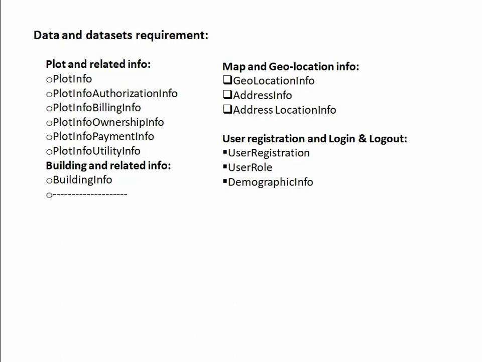And payment information is the money you have to pay to the government for your plot every year, depending on the laws of the government. And you see one plot has many buildings. So that means when we build a microservice for the plot and plot-related information, it has to be linked somehow with the billing information.